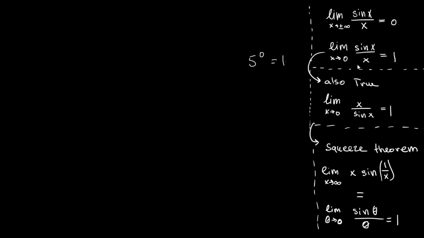Again, that's not the way of solving that, but it might help. And when we have the limit as x approaches infinity of sine of x over x, it's going to be 0. Also, if we flip our trig fraction, it's going to equal 1.